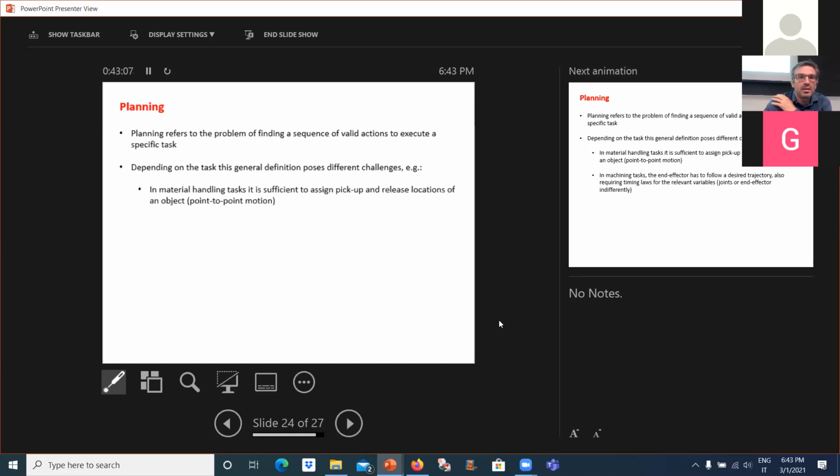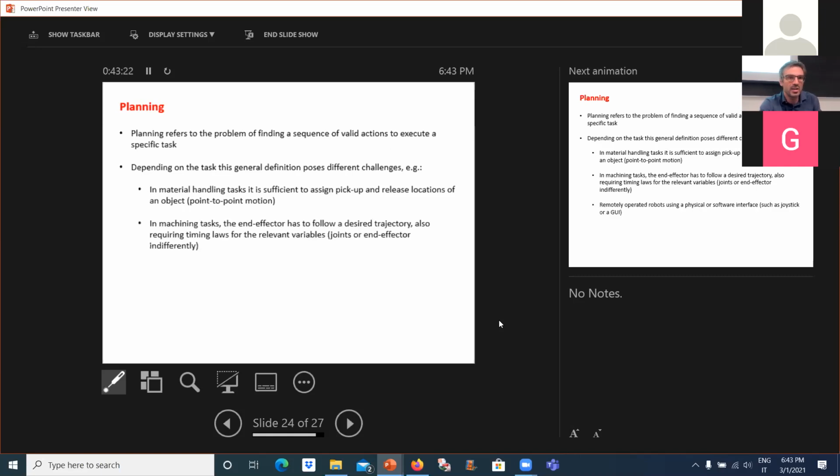Depending on the task, we can have, for example, in case of material handling, just a point-to-point motion. You have grasped the object, you want to move it here, so you just move there. You don't really have to define a trajectory.